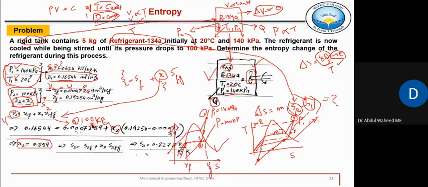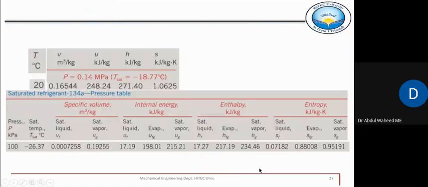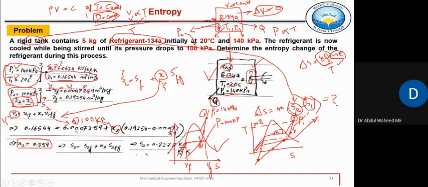At the same pressure, 100 kilopascal, let's go to that table again. At 100 kilopascal, here are the values of SF and SG. These SF and SG will be used here, and X2 we have found as 0.859.